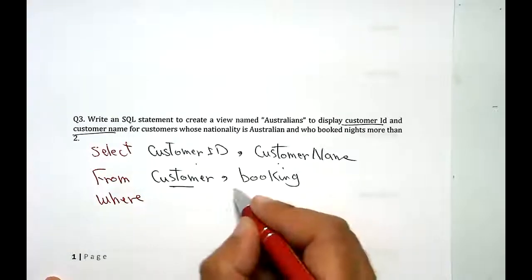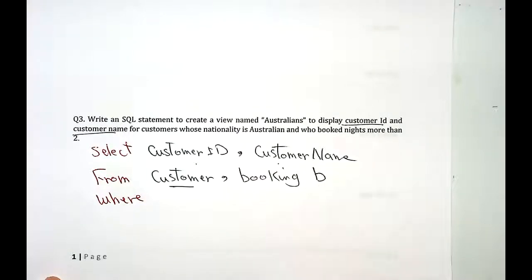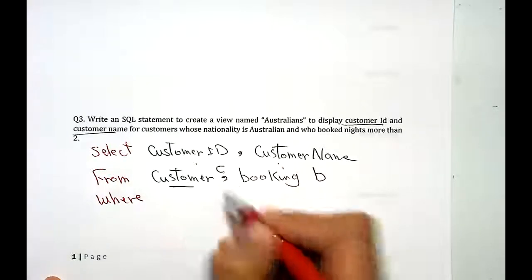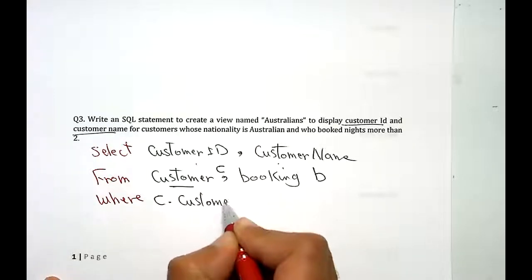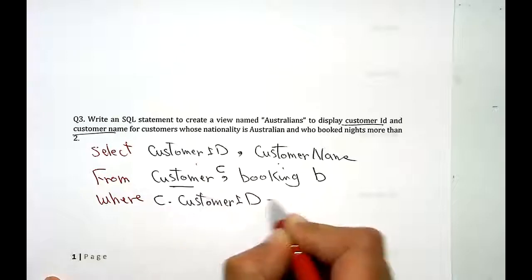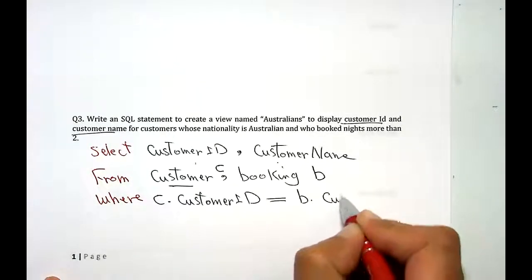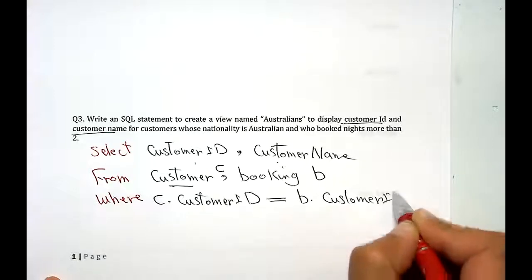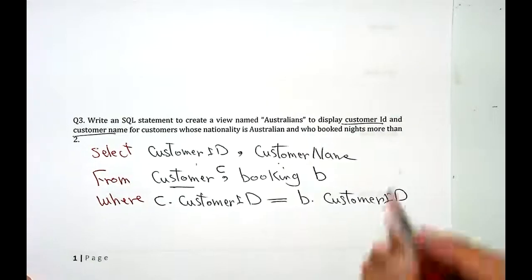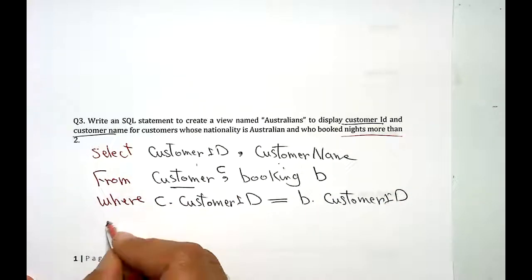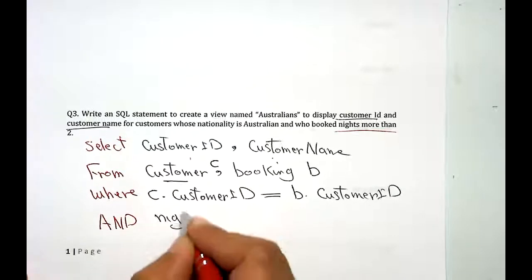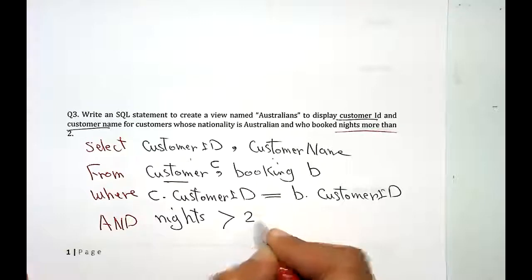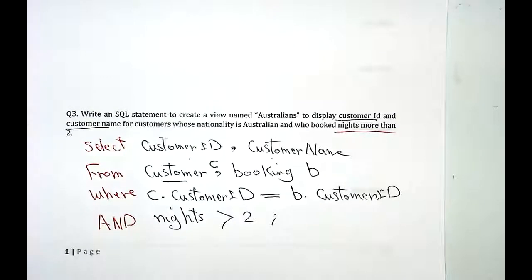So what I'm going to do here, I will give booking the name B, and customer the name C. So where C dot customer ID equals B dot customer ID, and I have a condition that the nights should be more than 2, so and nights greater than 2.